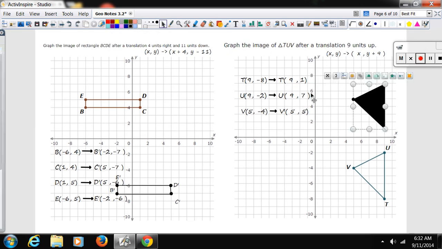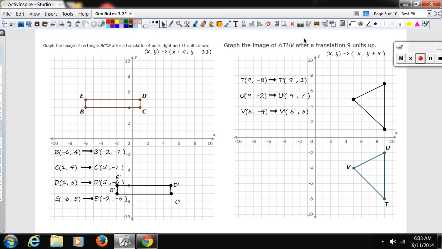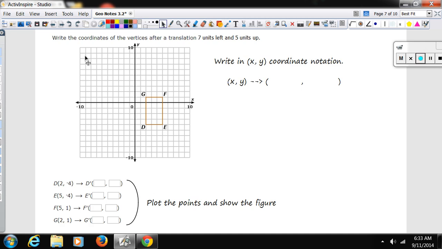That would be a translation 9 units straight up. So that's what a translation in that case is. This is our translation rule right here. It's telling us to move up 9 units. Don't change the x, just add 9 to the y's, and you'll go straight up. Again, you can pause the video if you need to.